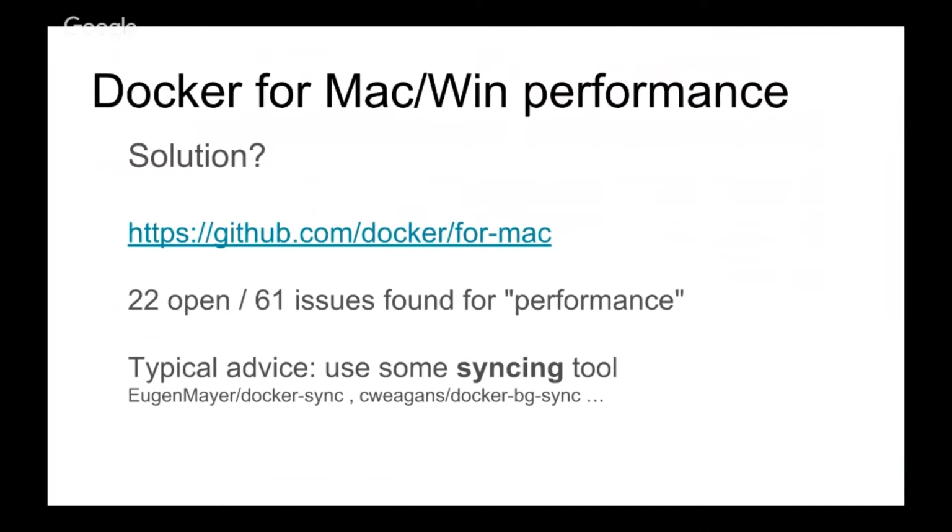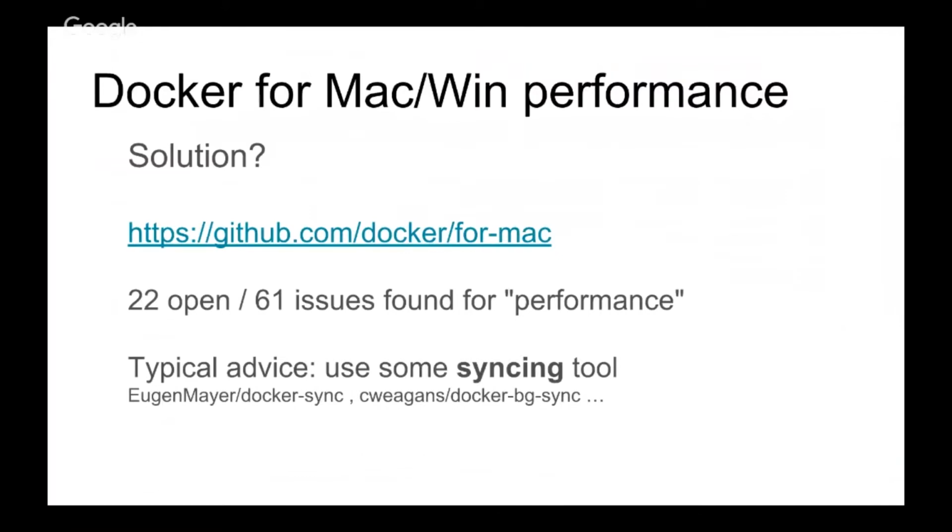I was searching maybe for several days in total. I was searching in issues on GitHub. There are 61 issues about performance of Docker for Mac, and I created one also.